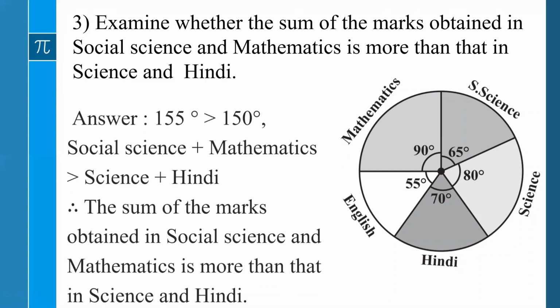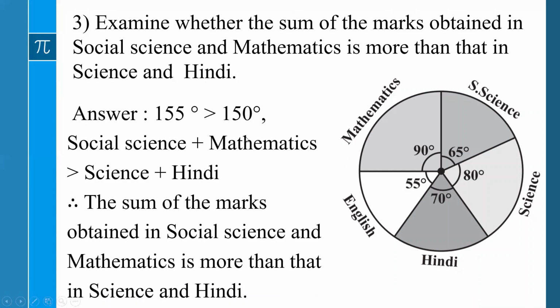So here, the sum of social science and mathematics is 155, and for science and Hindi it is 150. So obviously 155 is greater than 150 degree. So the sum of social science plus mathematics is greater than science plus Hindi. So the sum of marks obtained in social science and mathematics is more than that in science and Hindi.